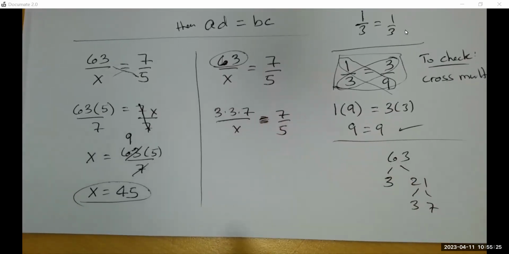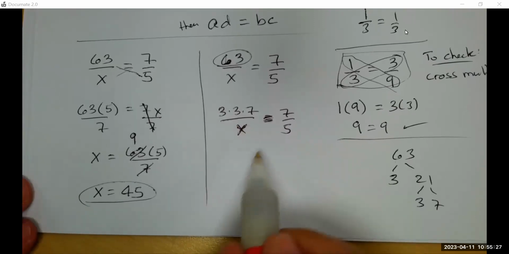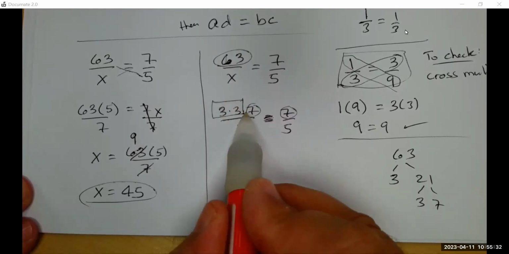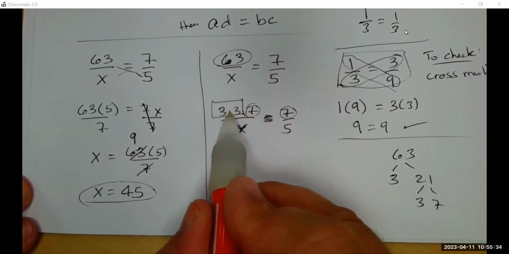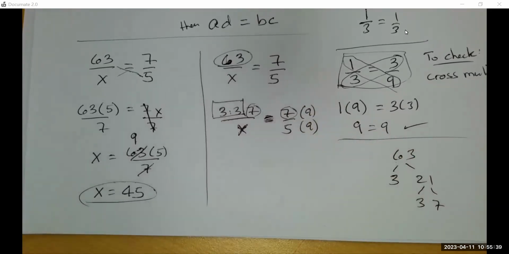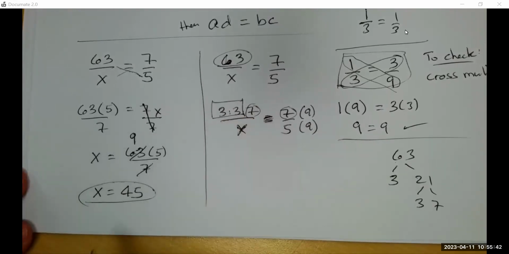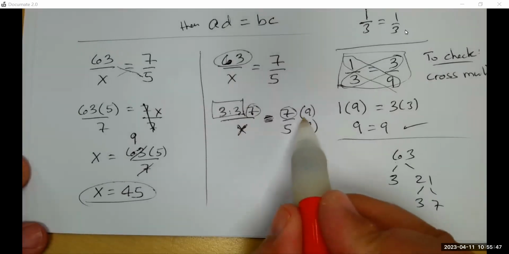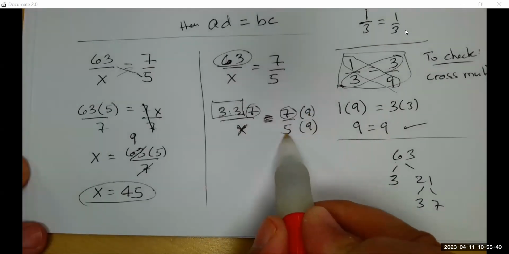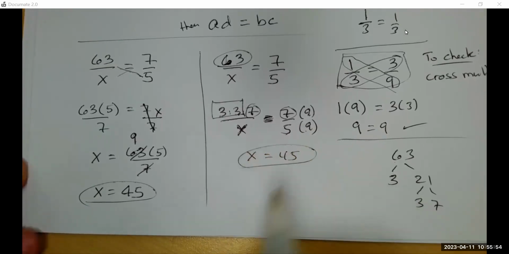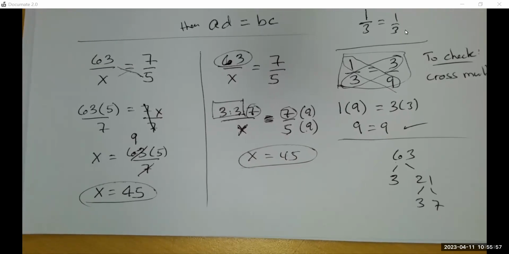So to make these two equations equal, there's a 7 and there's a 7. What did I multiply to the left side? I multiply by 9, right? So I gotta do the same thing here, top and bottom. For them to be equal, they have to have the same multiple. 7 times 9 is 63. So on the bottom, it has to be 5 times 9 or 45. You can use either of those two methods, and they always work.